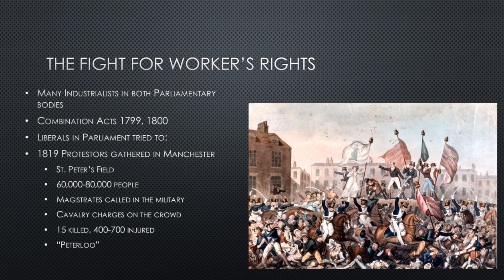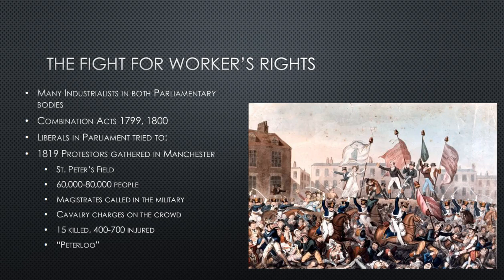So, with these people meeting on this field, the local magistrates decide the best way to stop this is they would call in the military to arrest the organizers of the event. They do that.